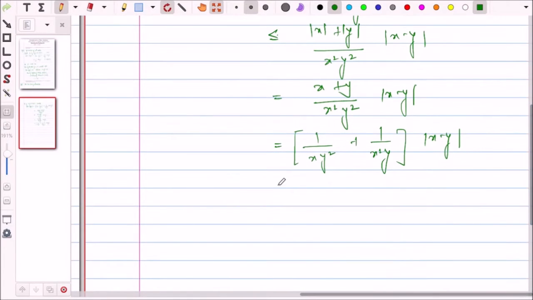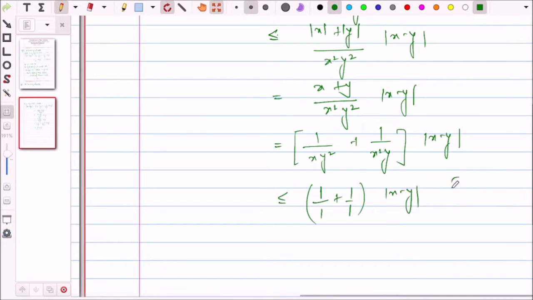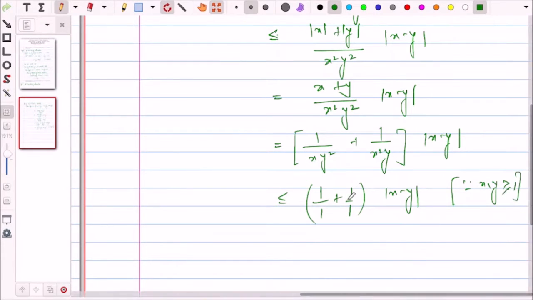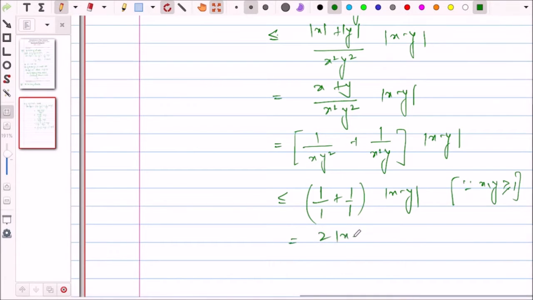When we decrease the denominator, the number increases. So this is 1/1 + 1/1. We are replacing x and y by 1, since x, y are greater than or equal to 1, so we are decreasing the denominator, so the number will increase. This is equal to 2 times |x - y|.